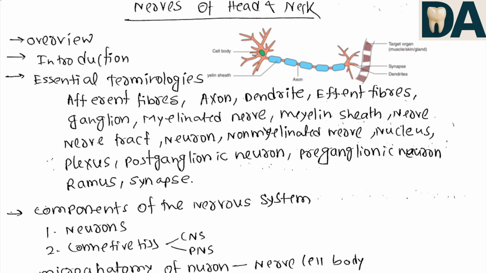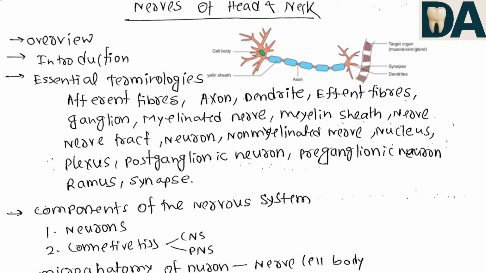Rami. Small branch-like structures of nerve extending from a larger one. Synapse. Junction between two neurons or between a neuron and a muscle across which nerve impulses are transmitted.